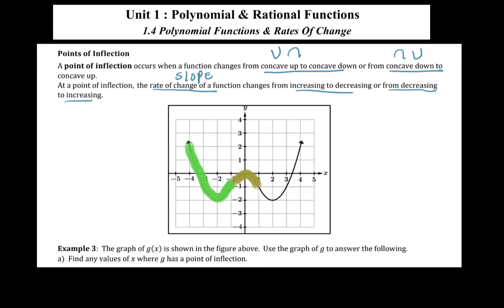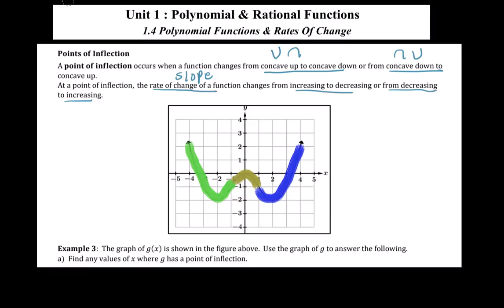I'll use different colors so I know where the inflection point takes place. And then the graph is going up. From the left side, it's concave up. We have concave up, concave down, and concave up. We have 3 different ways of switching, so the graph must have 2 points of inflection.